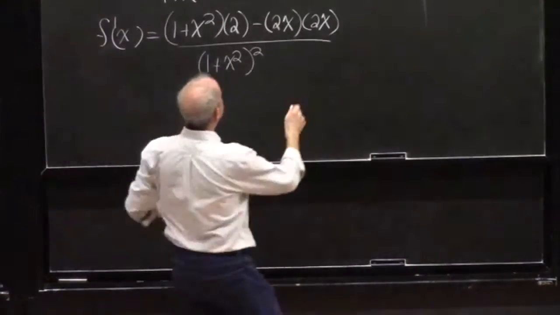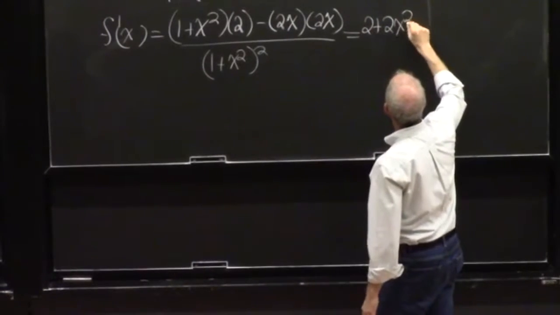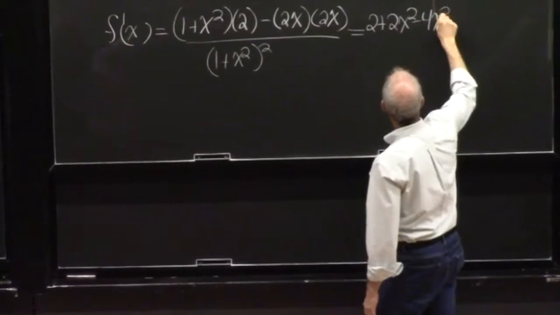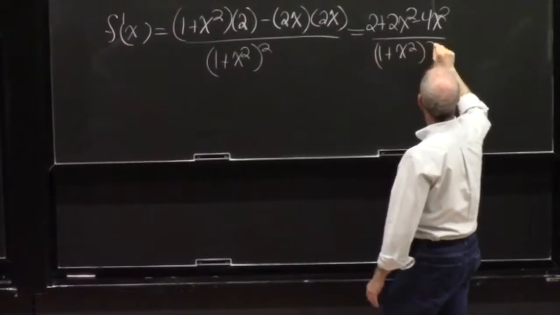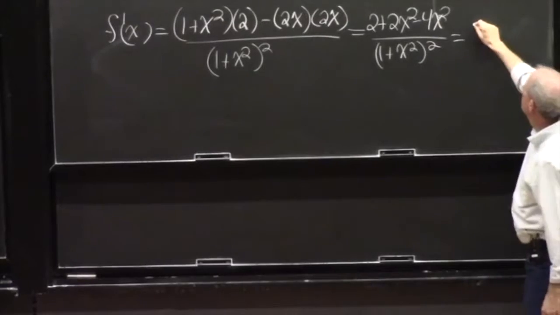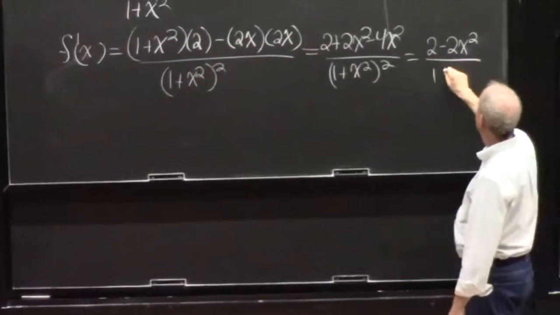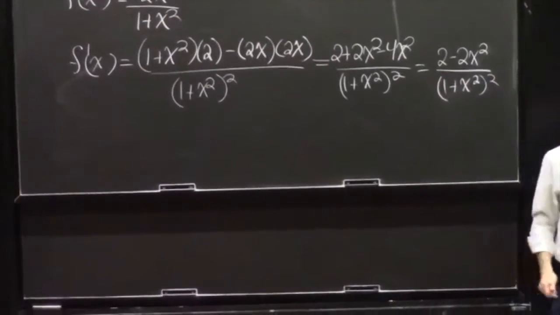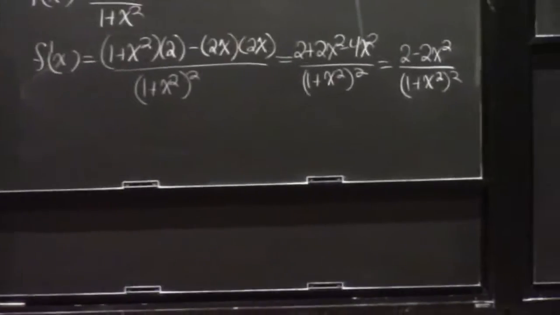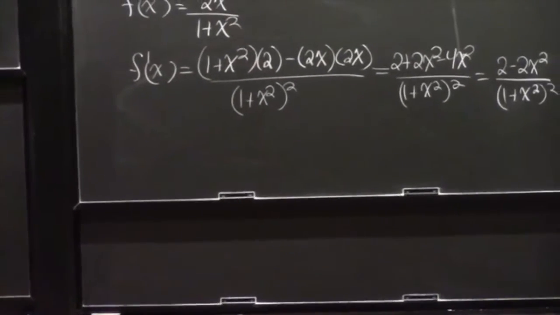So this is 2 plus 2x squared minus 4x squared over (1 plus x squared) squared, which is 2 minus 2x squared over (1 plus x squared) squared. All right. That's the first derivative. So we'll come back to that in a minute.